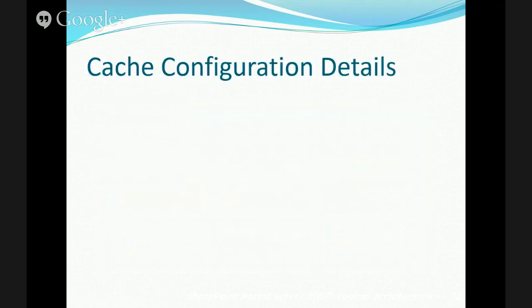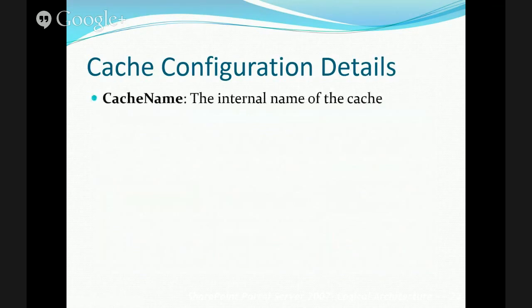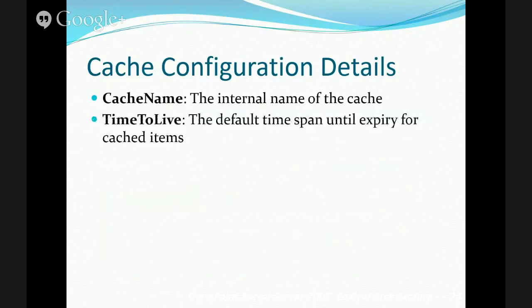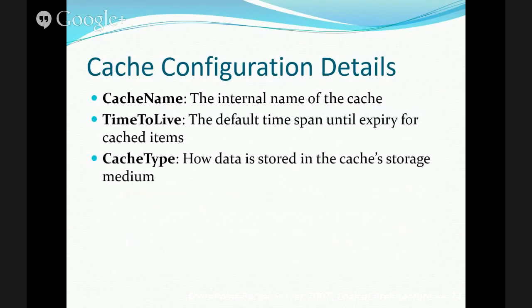Now let us look at some of the cache configuration details. The first thing that we look at is the cache name, which is the name of the cache. Time to live, which is when it's going to expire. Cache type, which here means: are we going to store the cache by partitioning the data? Are we going to store everything in one place?